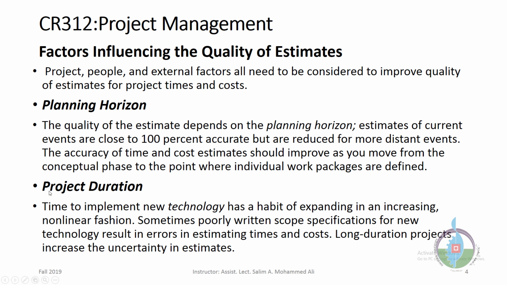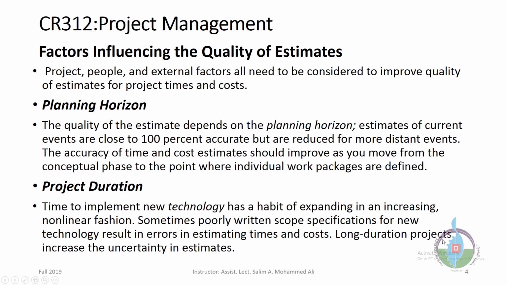The second factor is the project duration. Time is very important in projects. Time to implement new technology, for example, has a habit of expanding in an increasing nonlinear fashion. Sometimes poorly written scope specification for new technology results in errors in estimating times and costs.